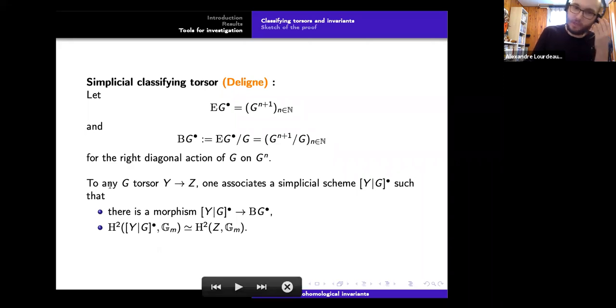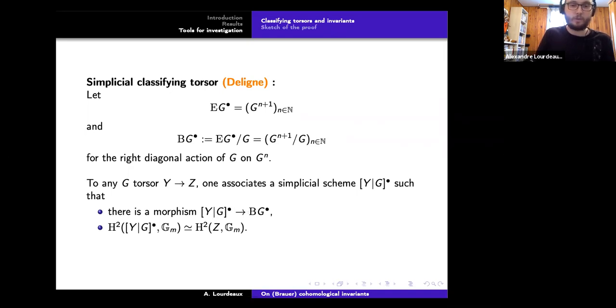If we take any other G torsor Y over Z, it is possible to associate a simplicial scheme YG with a straightforward morphism from YG to BG. This is the equivalent point of view for the versal torsor. Here we take a point of BG, and the torsor Y over Z will be the pullback of EG over BG through this map.